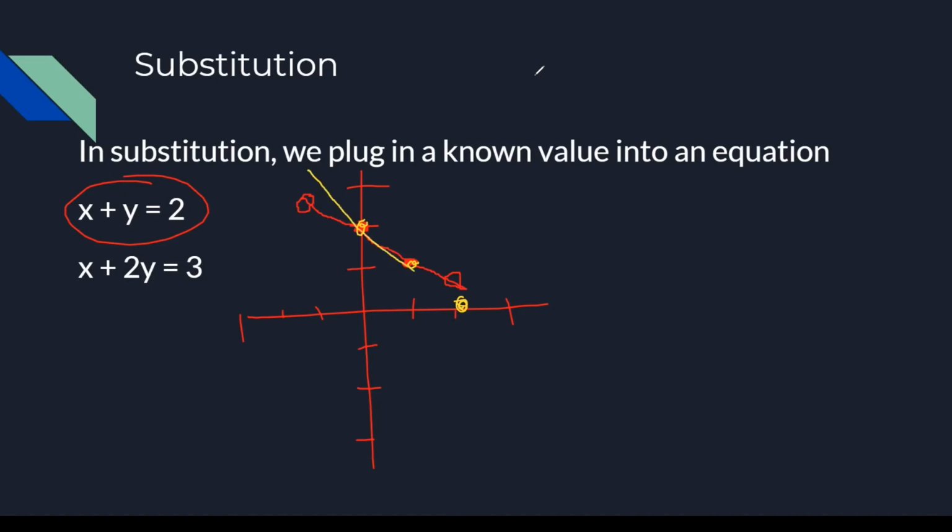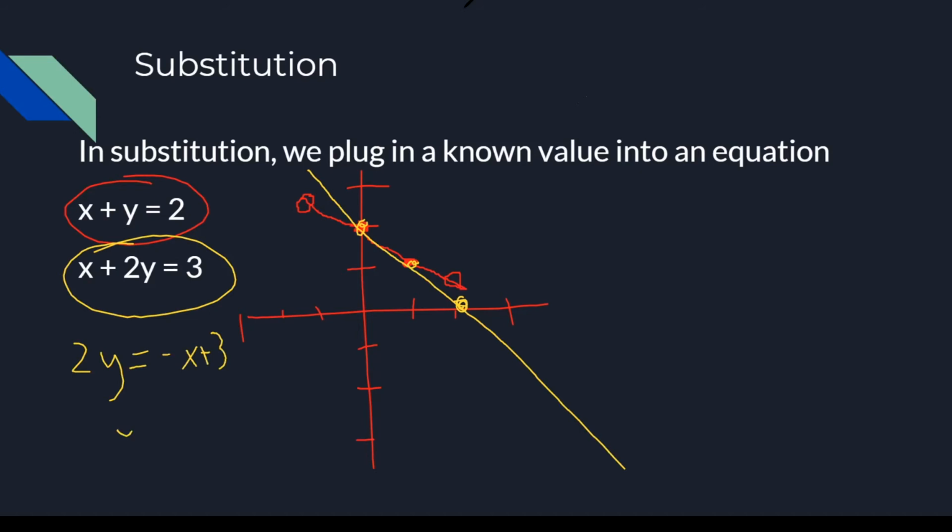How about you, Matthew? You haven't spoken in a while. So the second equation, you have x plus 2y equals 3. And you can actually rearrange that: 2y equals negative x plus 3, right? And you have y equals negative 1/2 x plus 3 over 2.